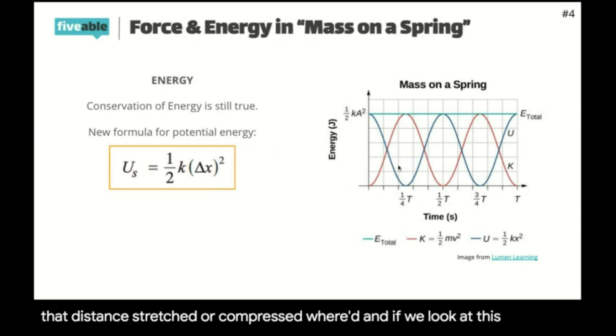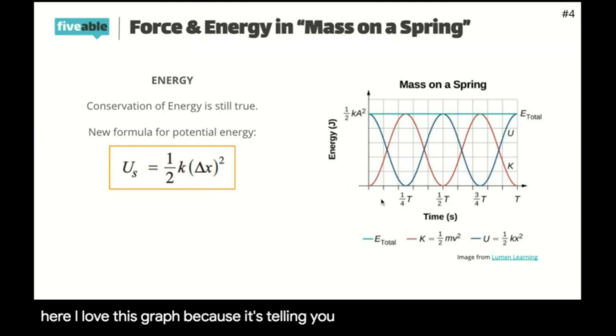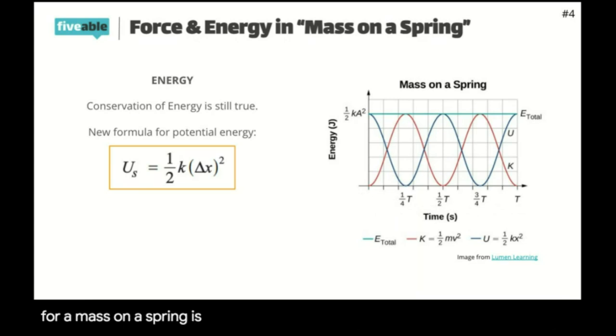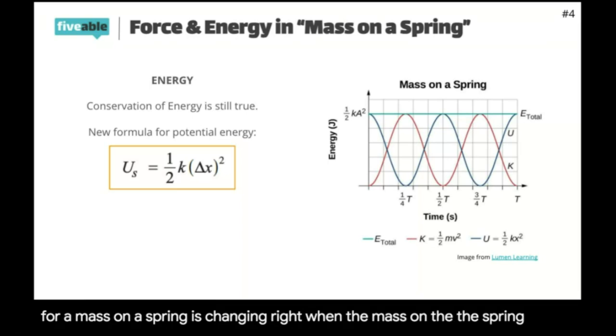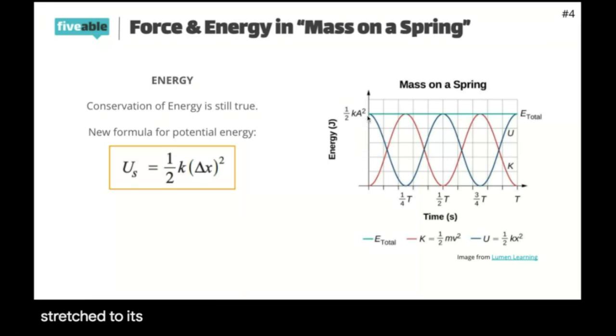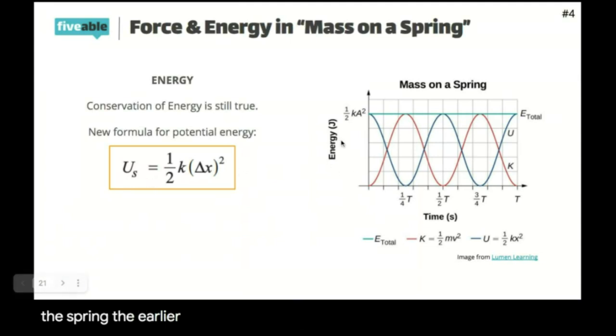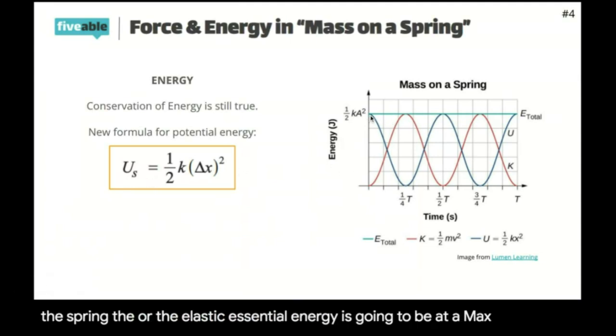And if we look at this graph here, I love this graph because it's telling you that, as you're going through one motion cycle, the type of energy that's happening for a mass on a spring is changing, right? When the mass on the spring is stretched to its max displacement, to its amplitude, then the elastic potential energy is going to be at a max.